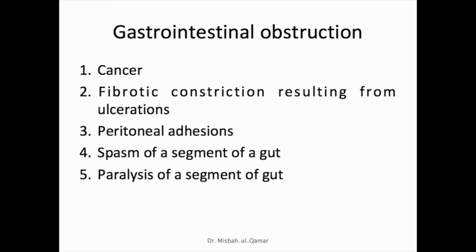If the obstruction is at pylorus, say due to fibrotic constriction after the peptic ulceration, there will be persistent vomiting of stomach contents, which leads to depression of bodily nutrition, and excessive loss of hydrogen ion could also result in metabolic alkalosis.